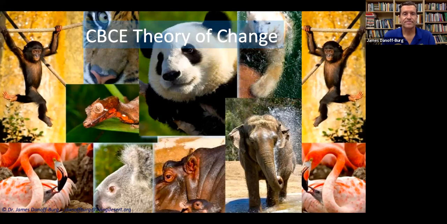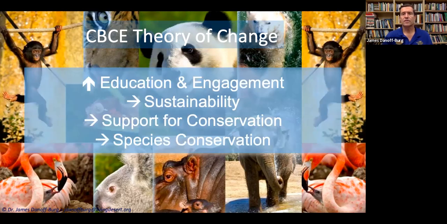So we talk about a theory of change for community-based conservation engagement. And our theory of change is pretty simple: with increased education and increased engagement, where people are involved in the conservation program and learn more about its benefits, we get greater sustainability of conservation, which also leads to greater support for conservation, which also leads to greater species conservation, right?